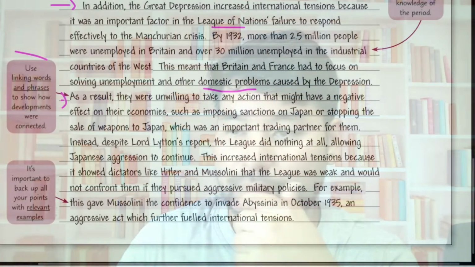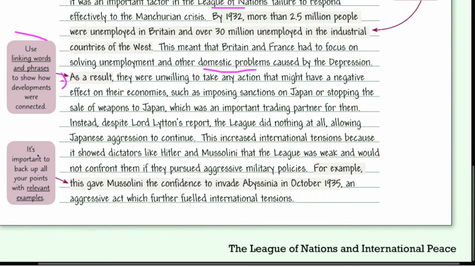And the last one here: it is important to back up all your points with relevant examples. For example, this gave Mussolini the confidence to invade Abyssinia in October 1935. So, back up. Every time we say for you to back up your answer, it means you're going to give an example and a practical effect about that.